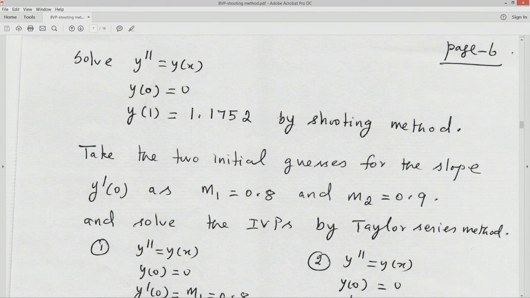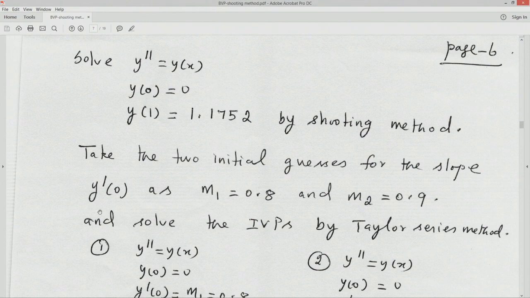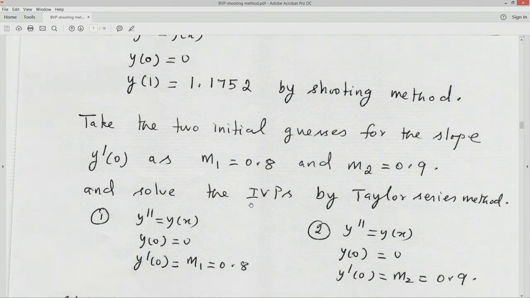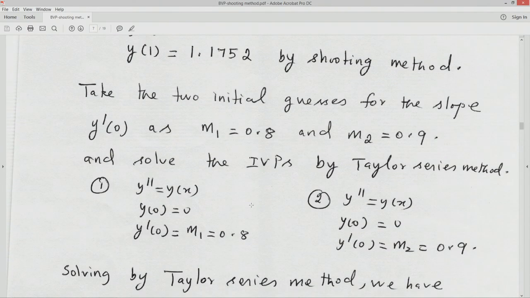Step 1 is we must solve two initial value problems which requires the knowledge of guesses about the slope y prime at the point 0. So, we take the two initial guesses for the slope, namely y prime 0 as m1, let us take it to be 0.8, and m2 which is 0.9.